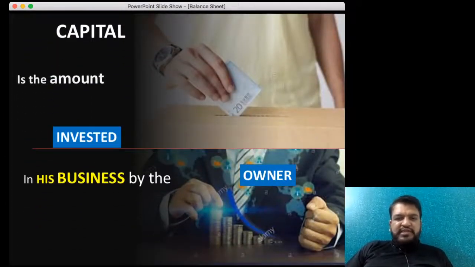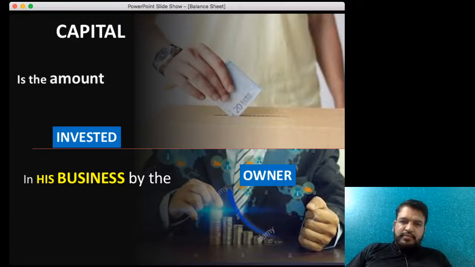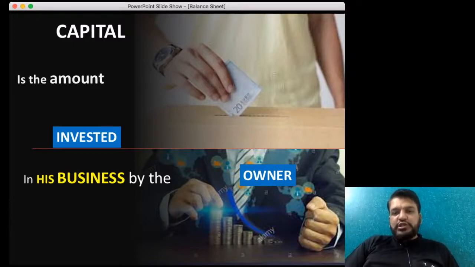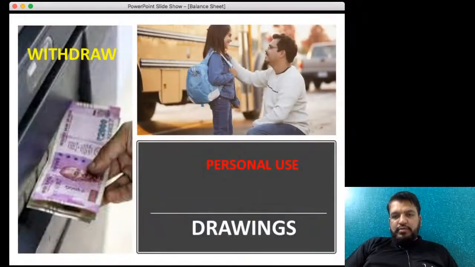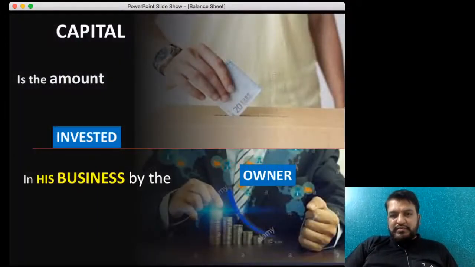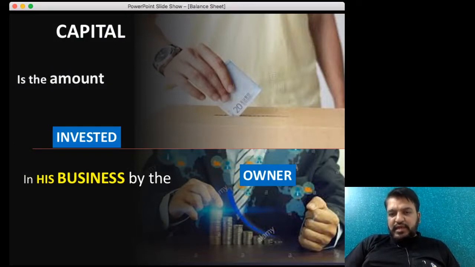Okay, let's first understand what a capital is. Capital is the amount invested or put in his own business by the owner. The concept you need to pay attention to is that it is the amount invested in business by the owner.